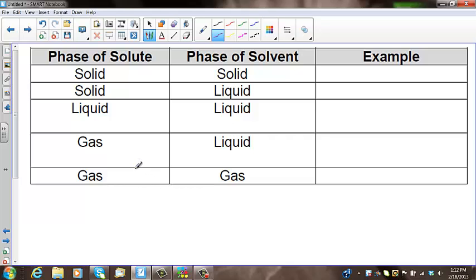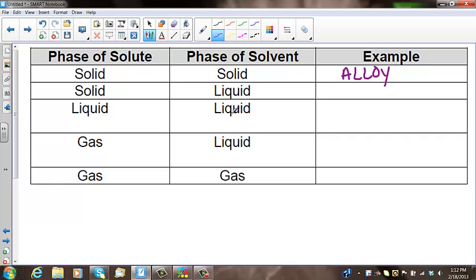Okay, phase of solute, phase of solvent, and let's try to give an example. So remember, your solute is what's being dissolved, your solvent is what's doing the dissolving. So if my solute is in the solid phase and my solvent is all in the solid phase, I'm talking about two solids. And the example that we used in our notes was an alloy.